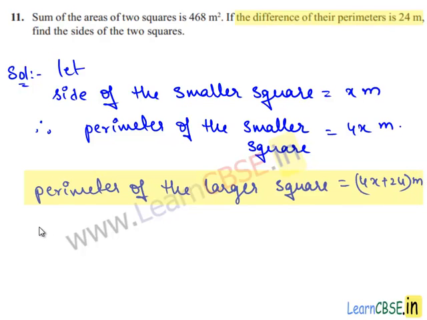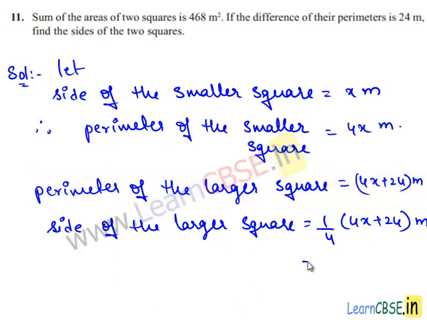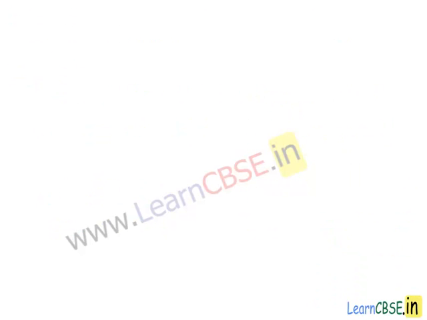So from this we can obtain the side of the larger square, that is 1/4 of the perimeter, that is 1/4 of 4x plus 24 meters. On simplifying, we have 1/4 times 4 times of x plus 6. So 4 gets cancelled, which is a common factor. Therefore, the side of the larger square is x plus 6 meters.